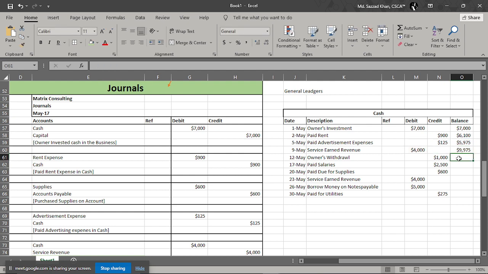Okay. And then there is a credit balance. All right. Then we see another credit balance, and another credit balance. And now we get a debit balance. Again a debit balance. However, in the last we get a credit balance, sadly.